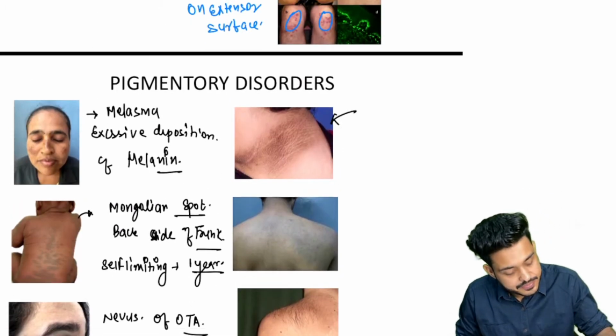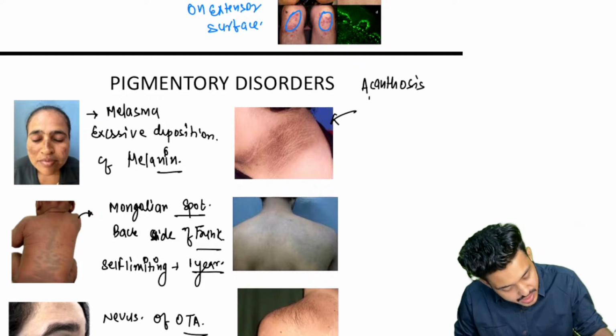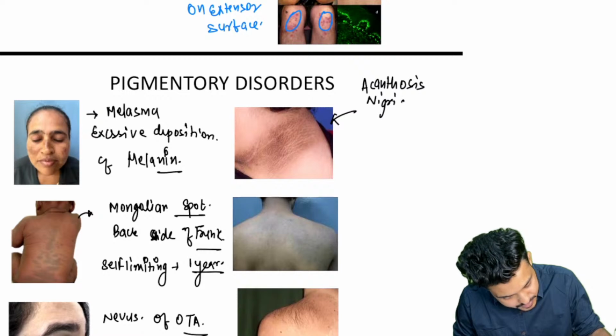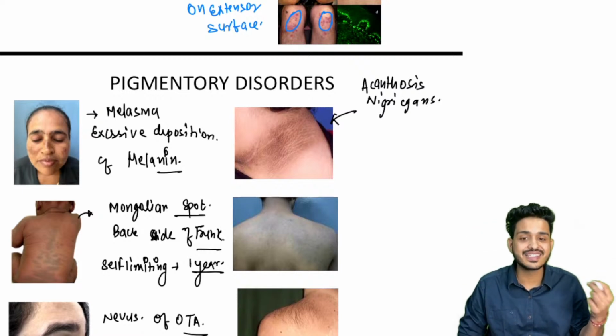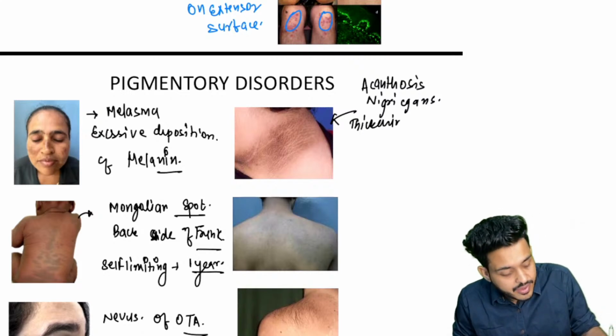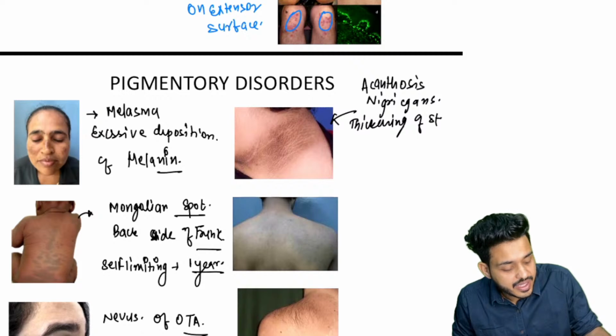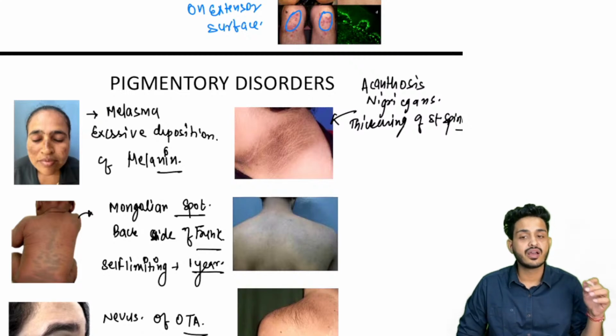Here you can see acanthosis nigricans. Basically this is the thickening of stratum spinosum. Thickening of stratum spinosum. Remember, we have done these layers. Okay, so there will be thickening of stratum spinosum, and that is known as acanthosis nigricans.